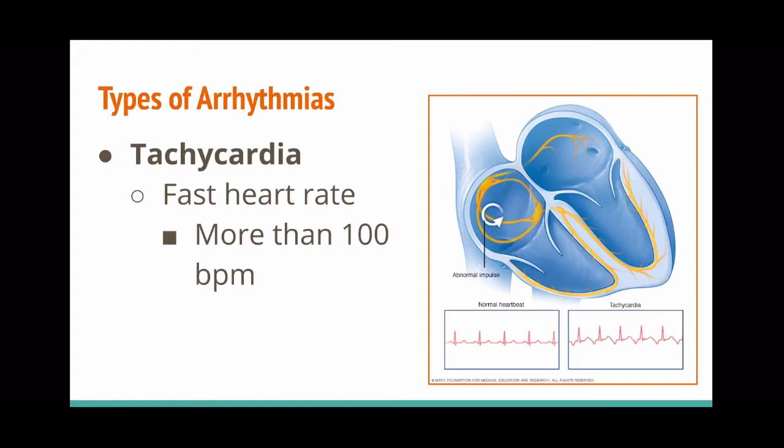And depending on where the fast heart rate begins, meaning which part of the heart is giving off that abnormal electrical impulse, will determine the name of the condition. So for instance, if it's beginning in the ventricles, then it's going to be called ventricular tachycardia, which we are going to talk about shortly. So usually it's not just tachycardia, it's more specific as to where that issue is arising that's causing your heart to beat faster than normal.